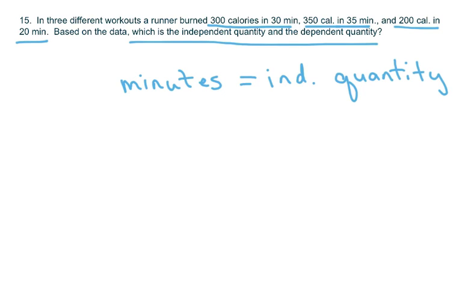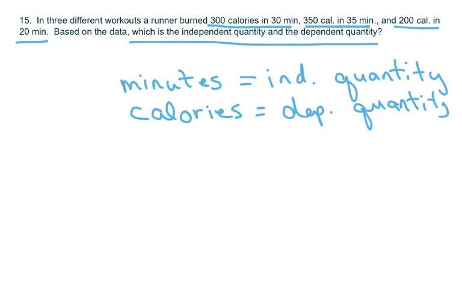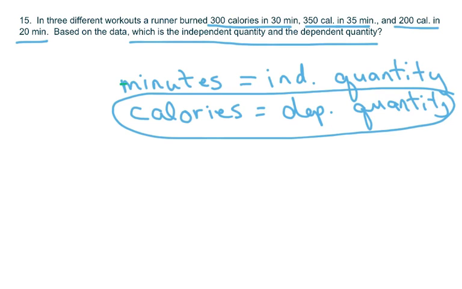And the calories depend on how many minutes. So that's your dependent quantity. And that's actually what the answer is. They're really looking for this because they don't have the independent answer on there. But next year, they might have one that's talking about the independent. So you need to know how to do both.